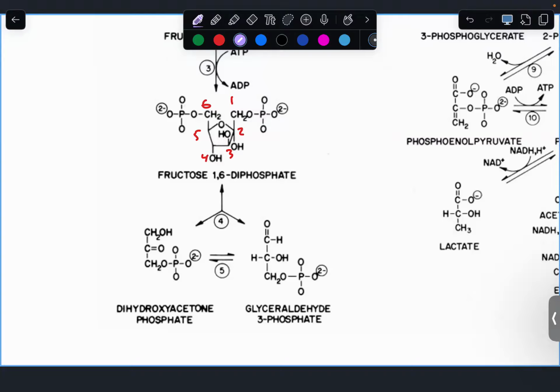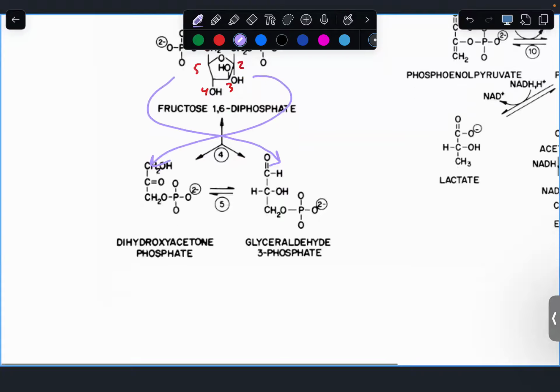So this left side gets converted into glyceraldehyde 3-phosphate, and the right side gets converted into dihydroxyacetone phosphate. Based on the position of the phosphate groups, it's really easy to tell which is carbon 1, 2, 3, and 4, 5, 6.